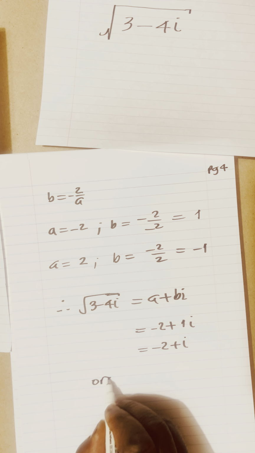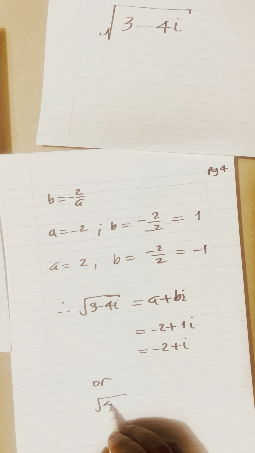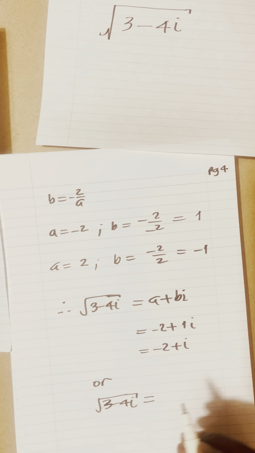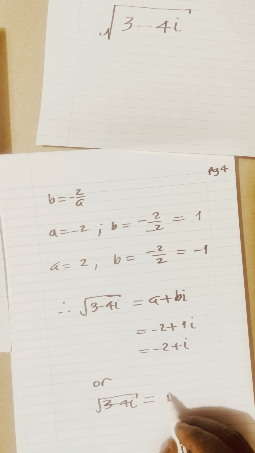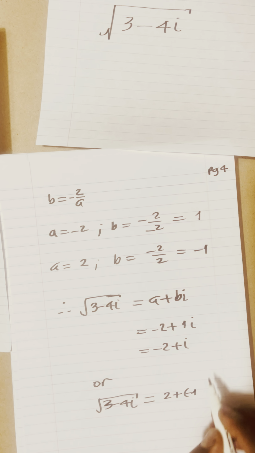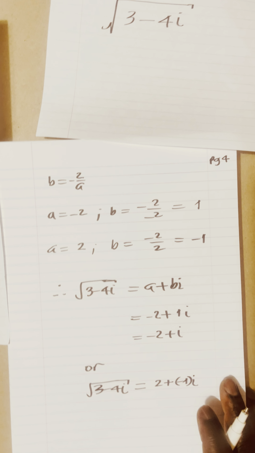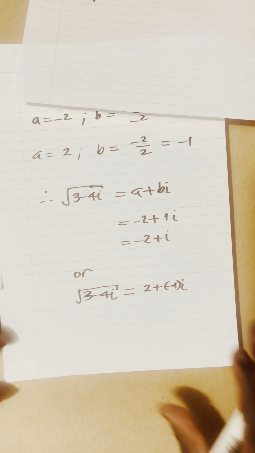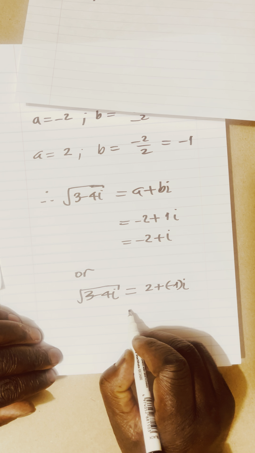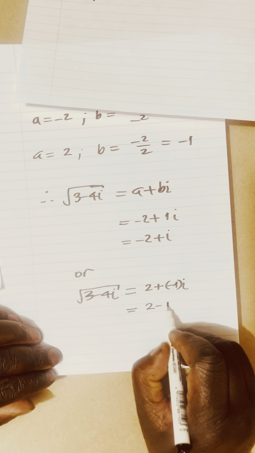Or the square root of 3 minus 4i must be equal to, a is 2 this time, b is minus 1, 2 minus i.